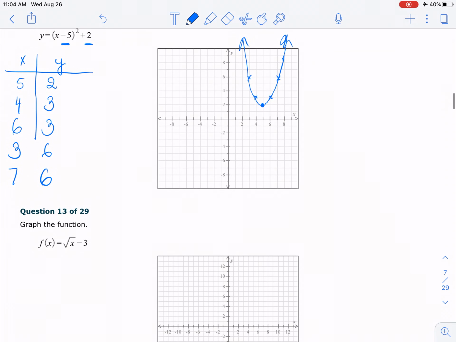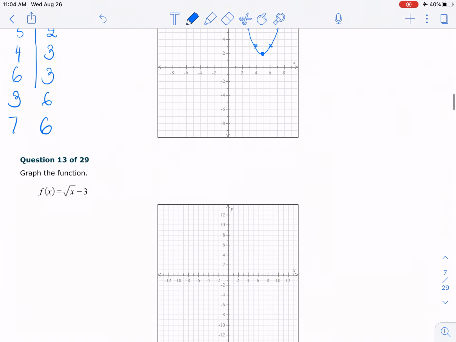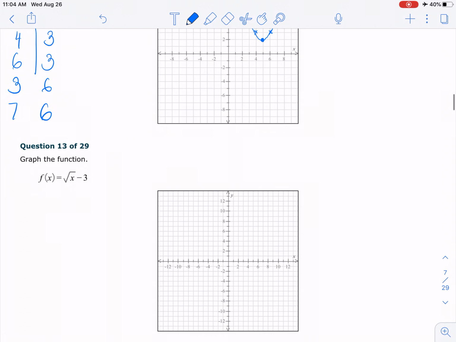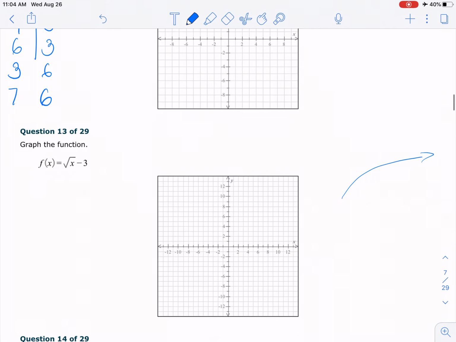All right, so for the graph of the square root function, hopefully you still remember it's going to be like that. Okay, so in this case, you can just simply plot the points. All right, so I'm just going to plot some points here. So how about we go with 1?